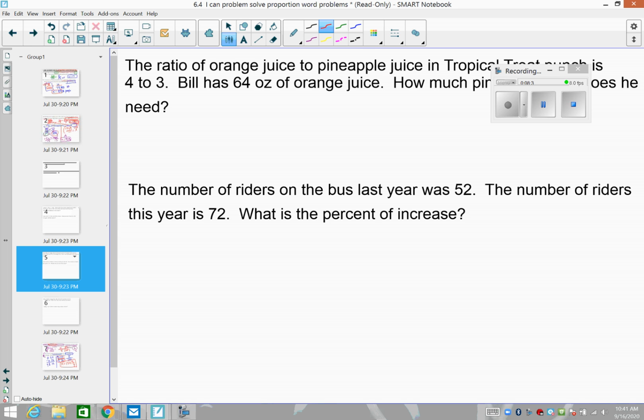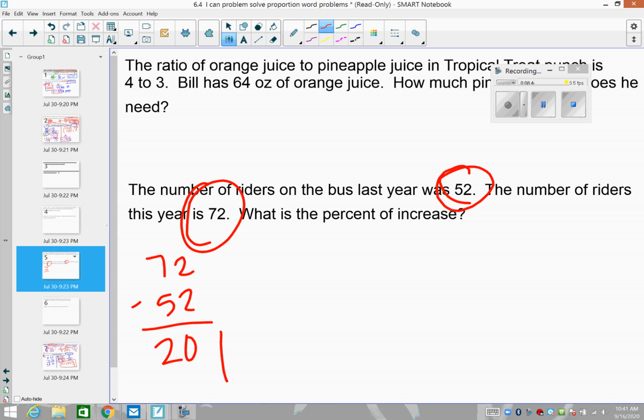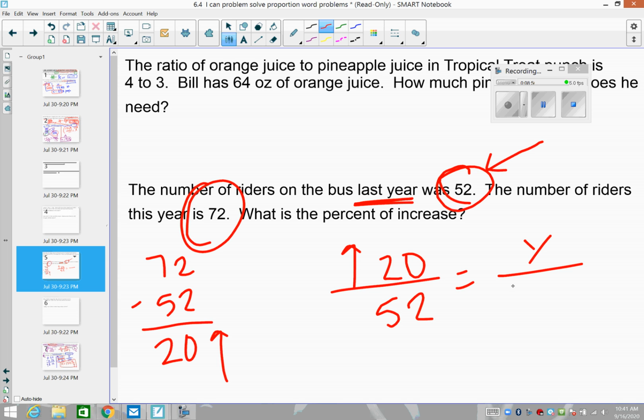Let's do this one. The number of riders on the bus last year was 52. The number of riders on the bus this year is 72. So if we look at the change that's happening, we're talking about an increase of bus riders of 20. The original amount of riders happened last year. It's 52. We take cross products and solve here.